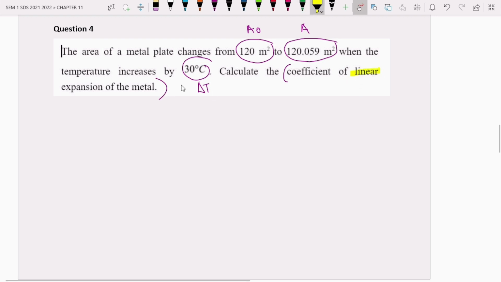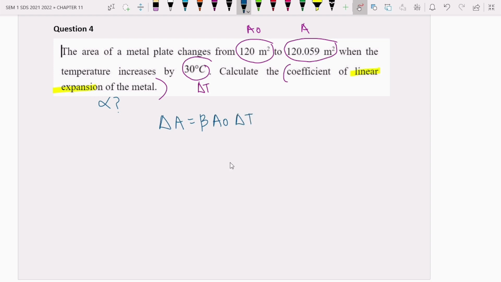So, coefficient of linear expansion. We know the change in area is the coefficient of area expansion times the initial area times the temperature difference.